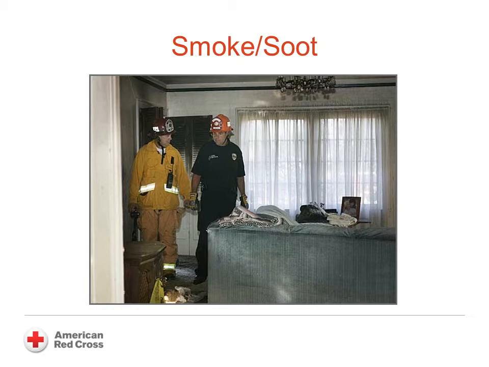Now, the key aspect with looking at soot damage, because it is damaging to clothing, is that soot is primarily going to impact items that are out in the open. And this is where it is essential that you be meticulous in your interior damage assessments to understand what clothing can be salvaged versus what clothing is destroyed.